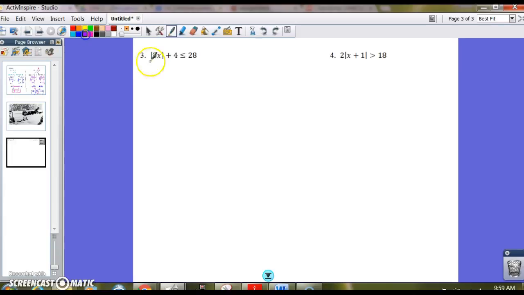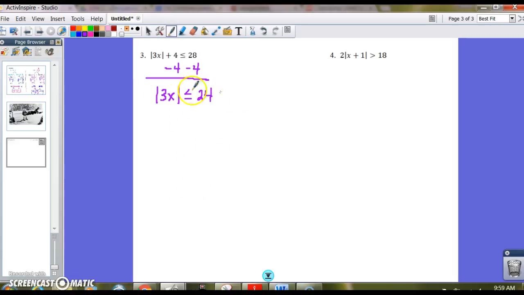Now, in this first problem here, problem number 3, notice that my absolute value is not by itself yet. I have to get it by itself, so the first thing I have to do is subtract 4. Before I set up my two inequalities, I have to get that inequality by itself. So I have the absolute value of 3x is less than or equal to 24.